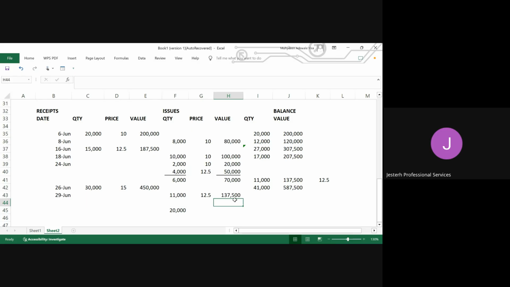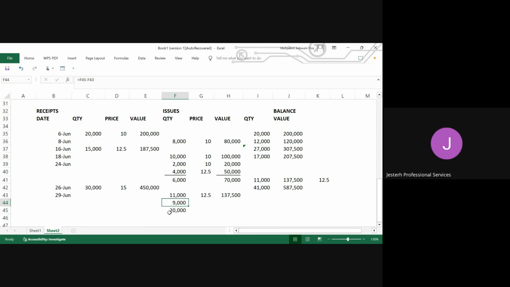Now, on the 29th that they asked us to issue 20,000, we have already considered the old one, which is 11,000. Now, what is remaining for us to issue from the new stock? To complete the 20,000 that we were requested to issue out, we need to issue out another 9,000.